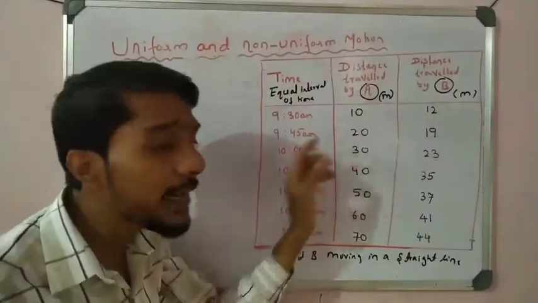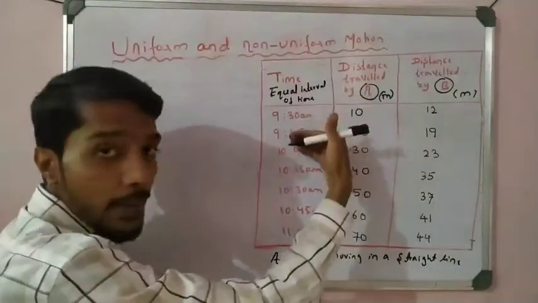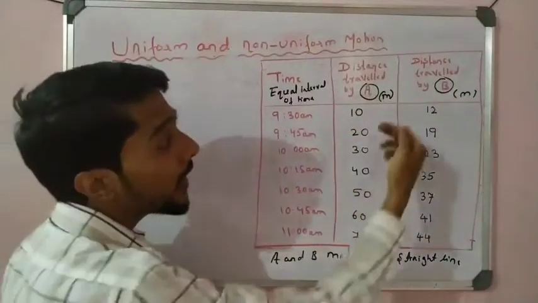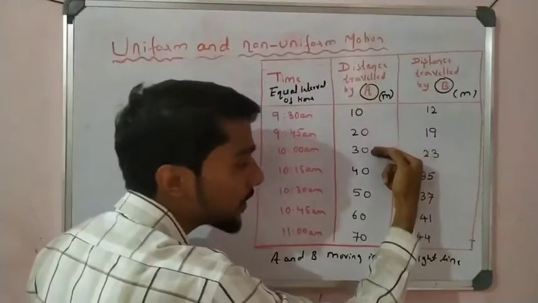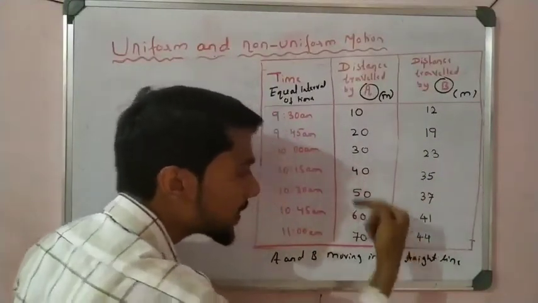Again 10 is added. So at equal intervals of time, 15, 15, 15, the particle also travels equal distance: 10 plus 10 is 20, plus 10 is 30, 40, 50, 60, 70.